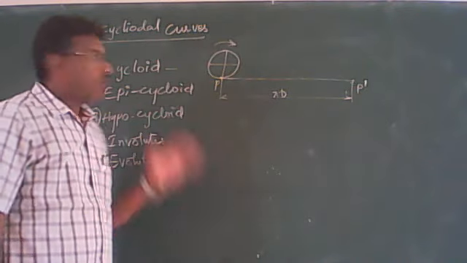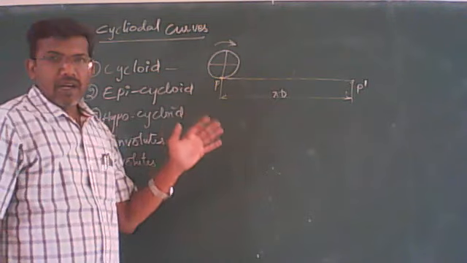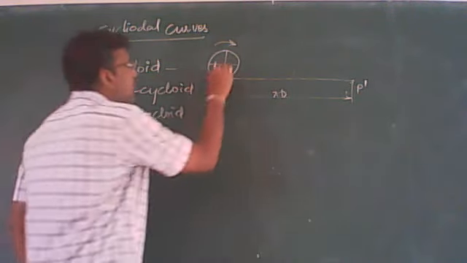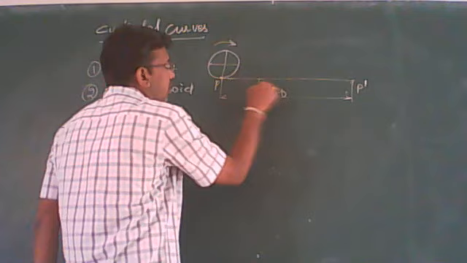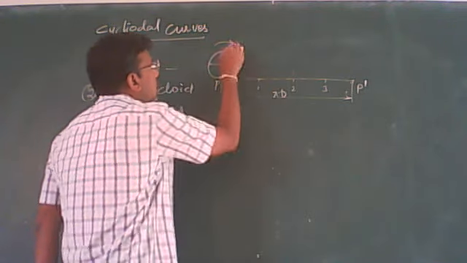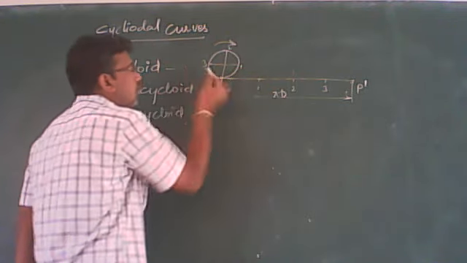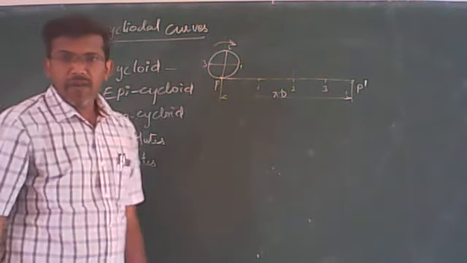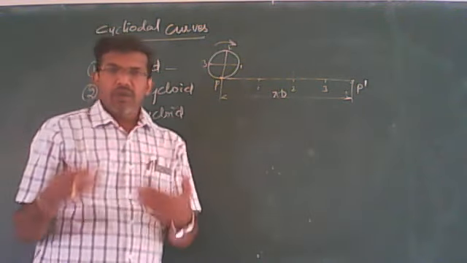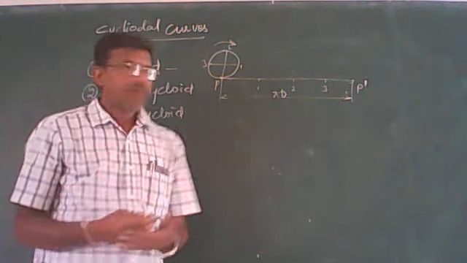Okay, this is how we are going to define the cycloid. So how it is going to travel? Let us take the positions. This may be first, this may be second, and this may be third. So this is 1, this is 2, this is 3, and once again P, that is P dash.